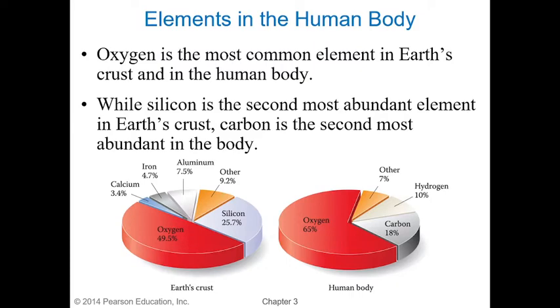But in the body naman, again, oxygen is the most common element found in your body. So in Earth's crust, it's around 49.5%. The human body is 65%. In terms of the Earth's crust kasi, silicon is the second biggest contributor for the element.